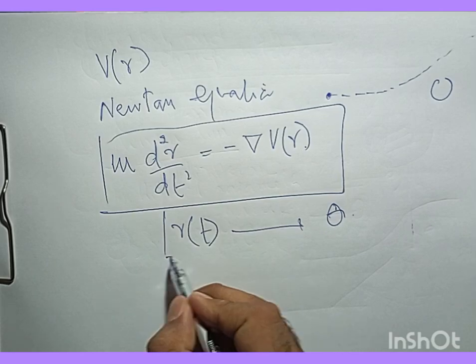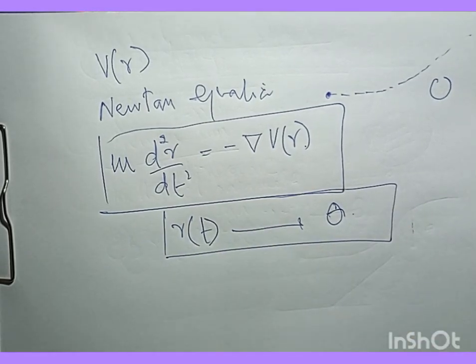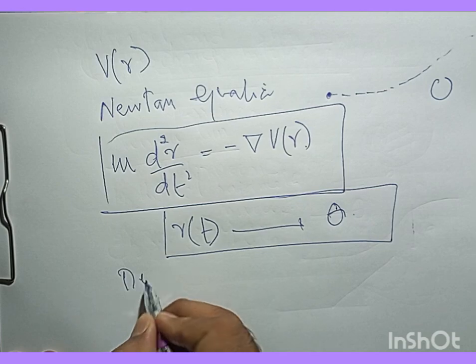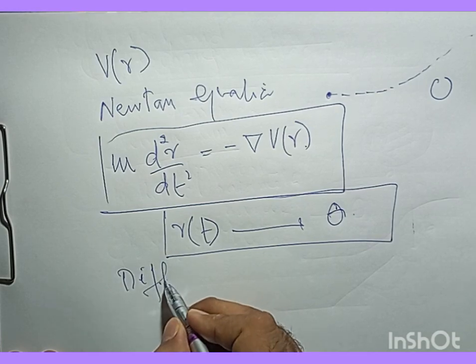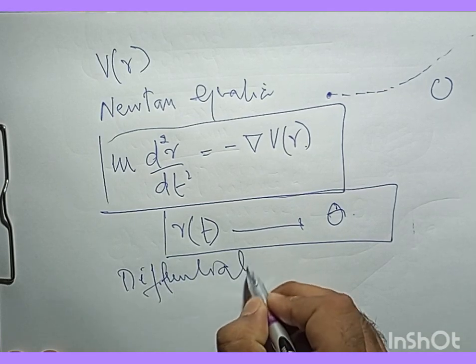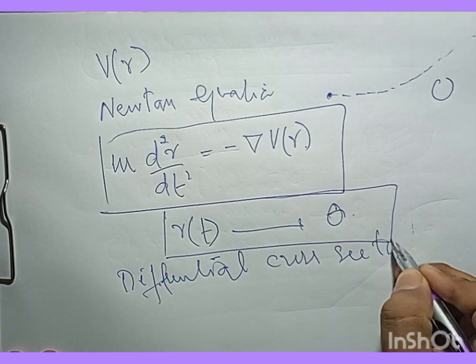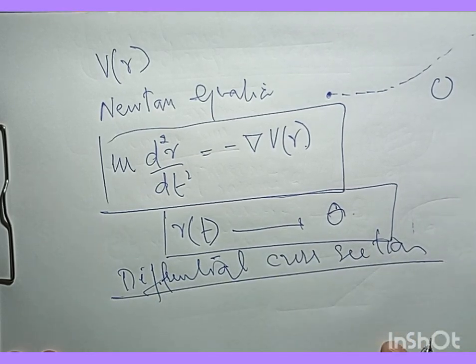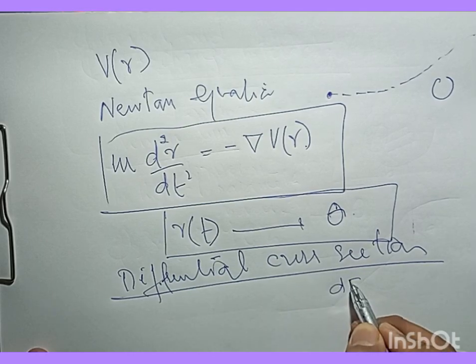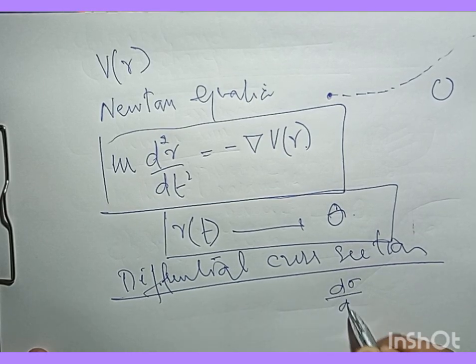Now, there are a couple more parameters, like the differential cross section, that are used in classical scattering. This differential cross section we define mathematically by d sigma by d omega.